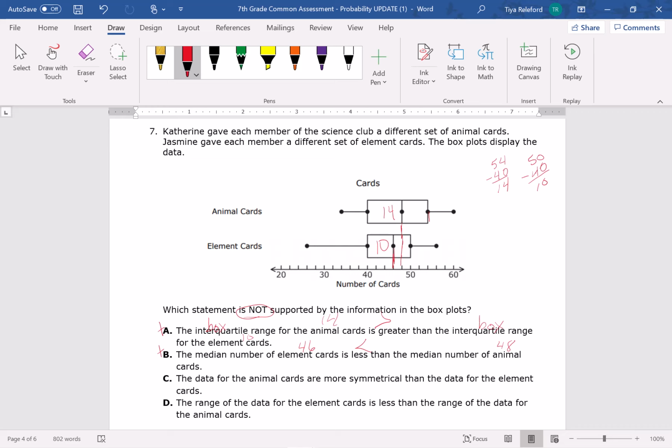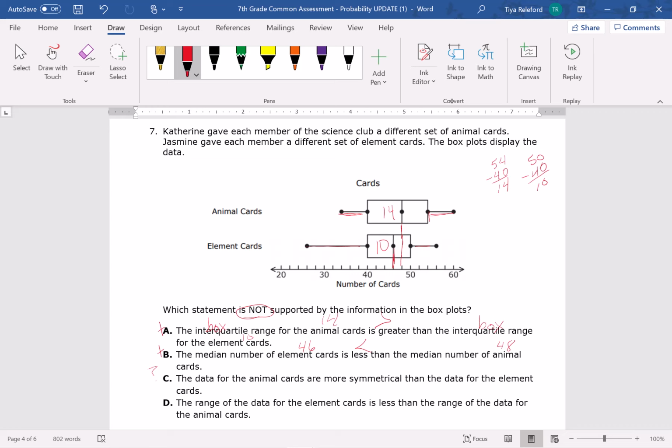Symmetrical means the same on both sides. Is this tail the same as this tail? Close, but not quite. Are they more the same than these two tails? I would say it's more the same. I don't love that question. We might come back to C. Let's check D out first.